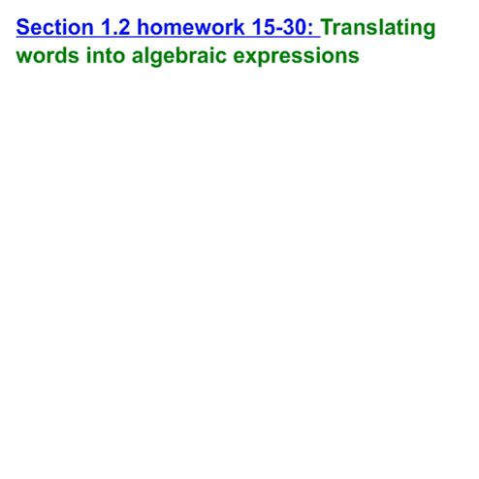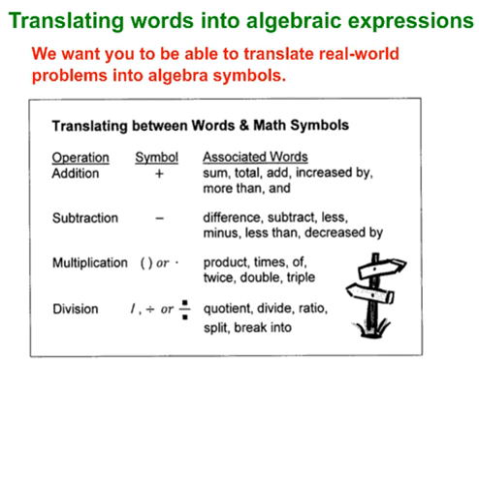The last section of 1.2 homework, numbers 15 through 30, have to do with translating words into algebraic expressions. This is important because the real world presents you with word problems essentially.